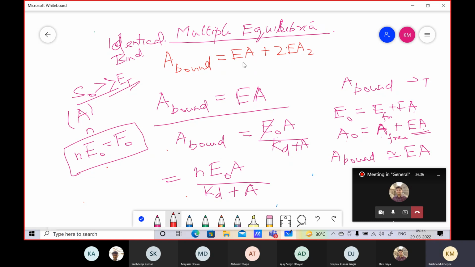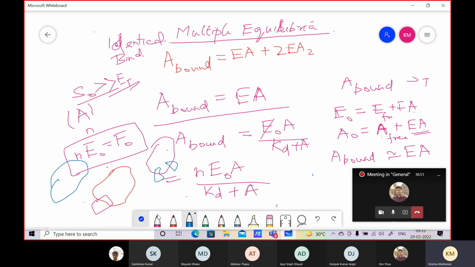Because some enzymes are carrying A bound at one site alone, some other molecules of enzymes are carrying 2 bound molecules. It is not that all of them are carrying 4 or none at all. Some are carrying 3 and some are carrying 4.